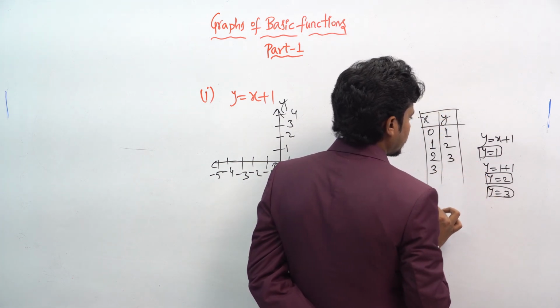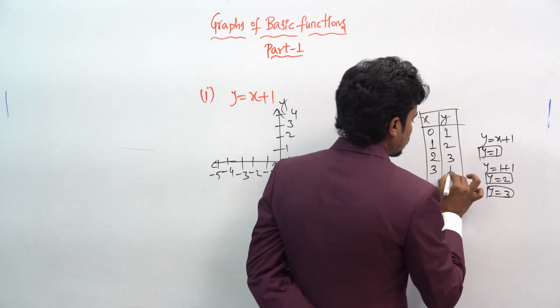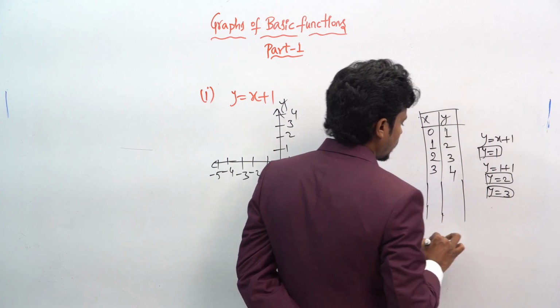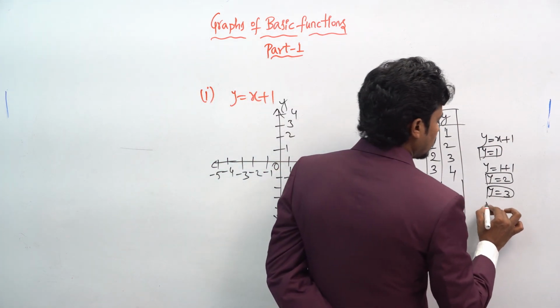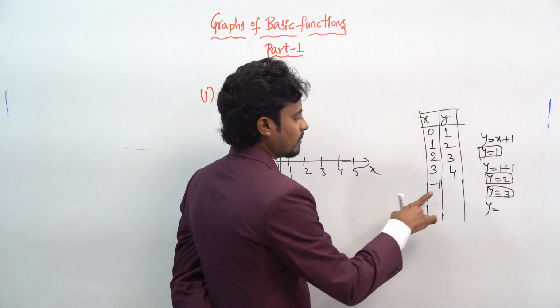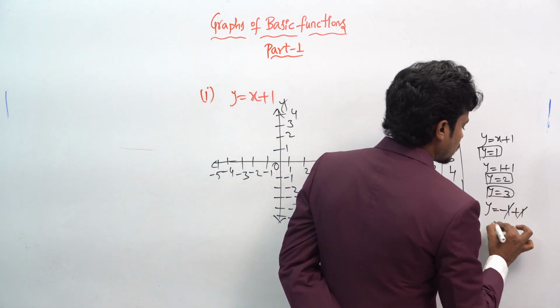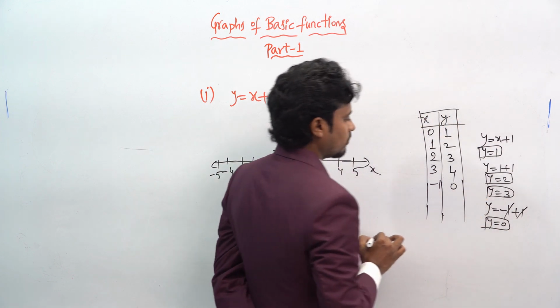And if you want to take 3, 3 plus 1, that will be 4. And similarly, if you want to take -1, what will happen? In place of x, we replace x with -1, that will become -1 plus 1. This will become y is equal to 0.